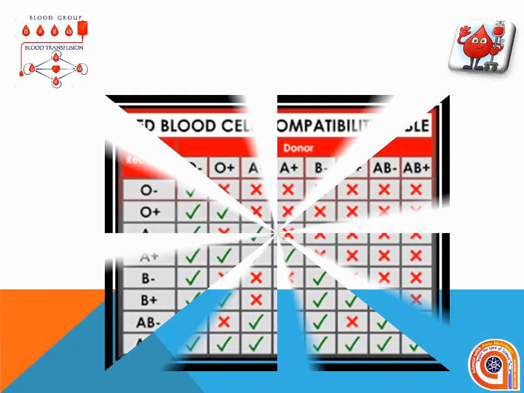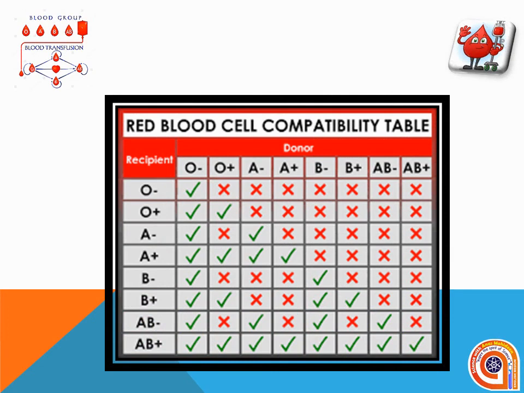So according to these two categories, we divide the blood groups into 8. They are A plus, A minus, B plus, B minus, AB plus, AB minus, O plus and O minus. This depends on what the blood group is and whether they contain RH factor or not.